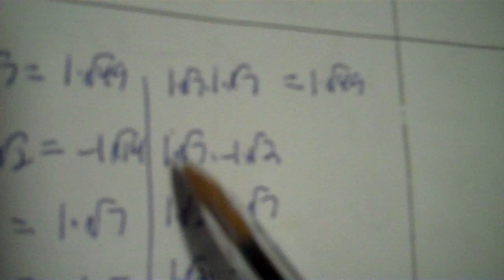So this is 1 times the square root of 49. This is negative 1 times the square root of 14. That's positive 1 times the square root of 14. That's negative 1 times the square root of 2 times the square root of 2, which is the square root of 4. Okay.